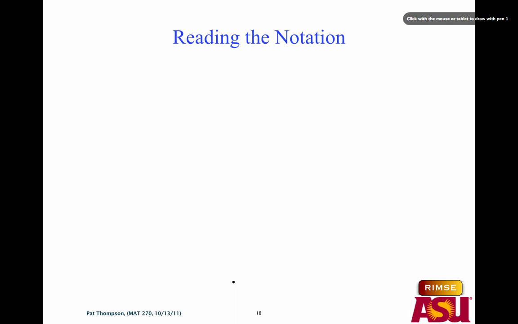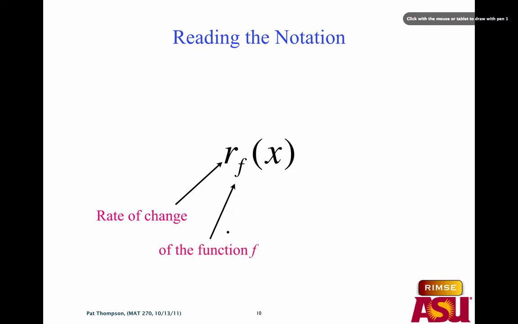So then when we read this notation, so don't do what I just did on the last slide. I did it because I hadn't introduced this slide yet. The way that we're going to read this notation is to say the rate of change of the function f with respect to its input x. So that's how we read this notation.